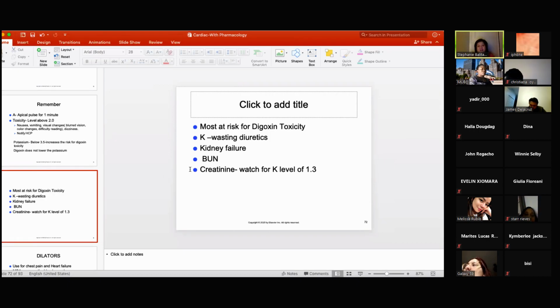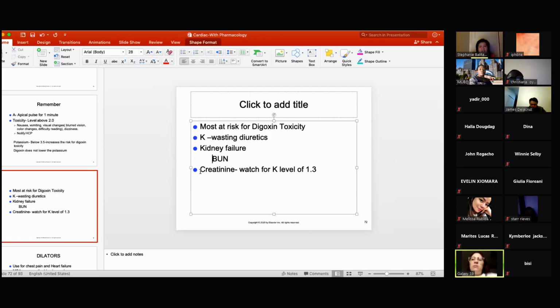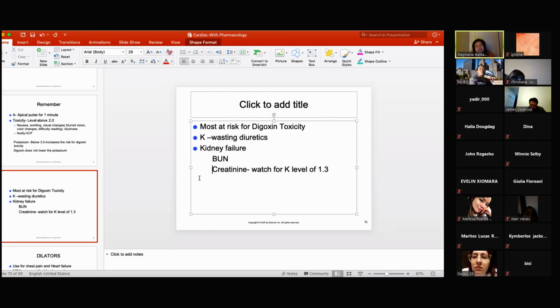For kidney failure, we look at the BUN and creatinine, but the kidney function lab is always creatinine. A creatinine level higher than 1.3 is very bad for your kidneys.